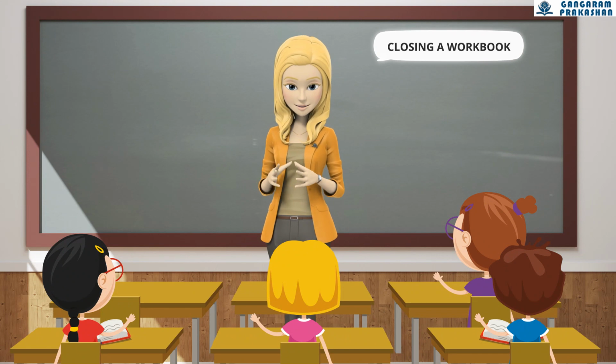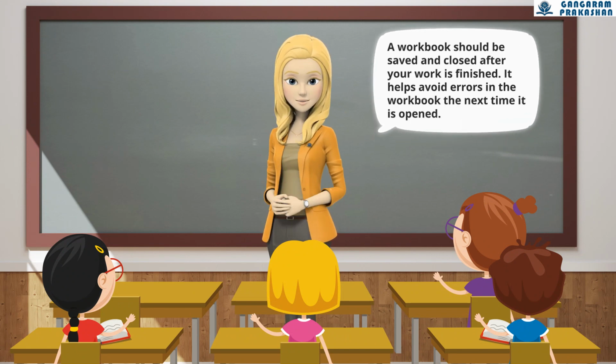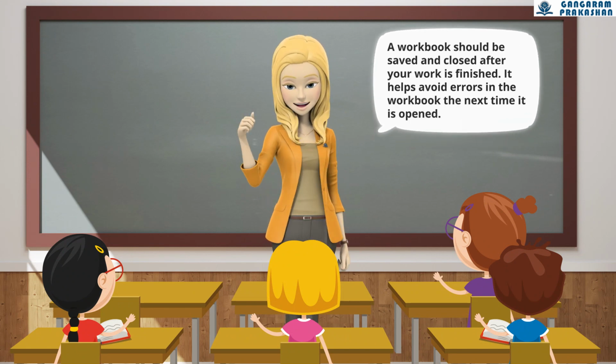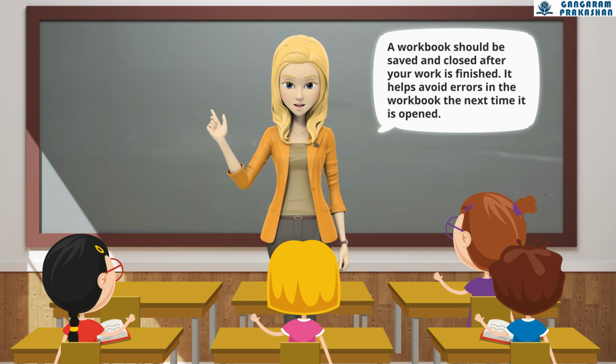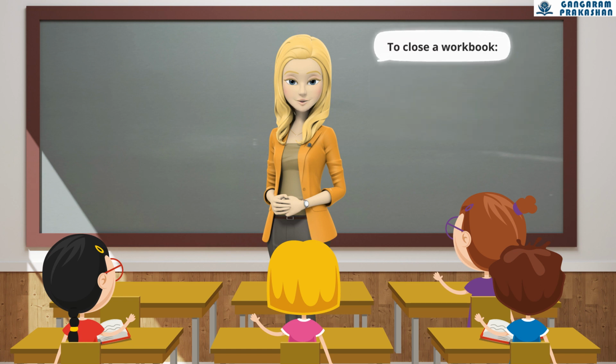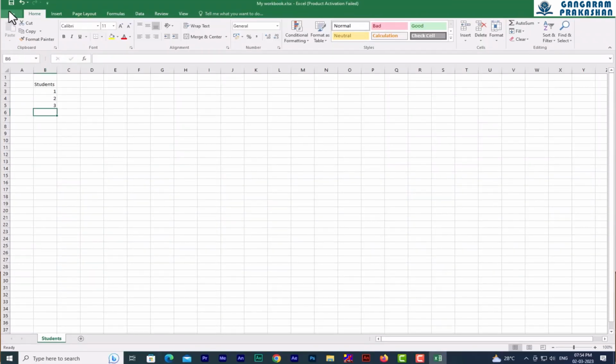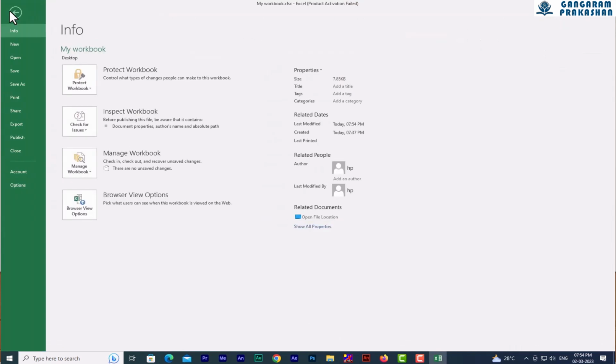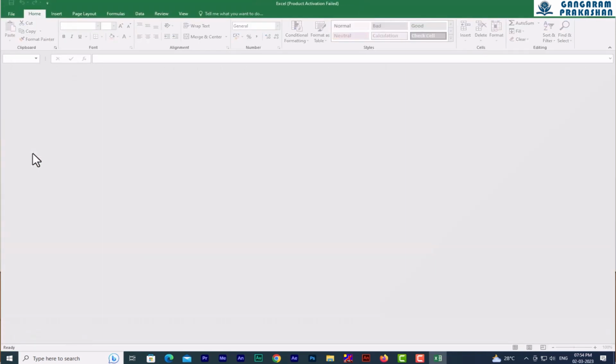Closing a workbook. A workbook should be saved and closed after your work is finished. It helps avoid errors in the workbook the next time it is opened. To close a workbook: 1. Click the File tab. The Backstage view opens. 2. In the list of options, click the Close option.